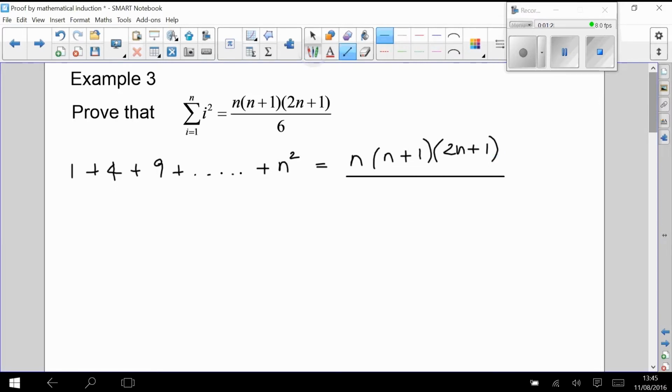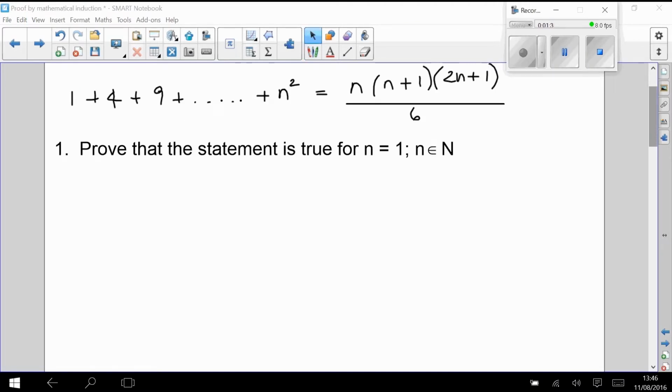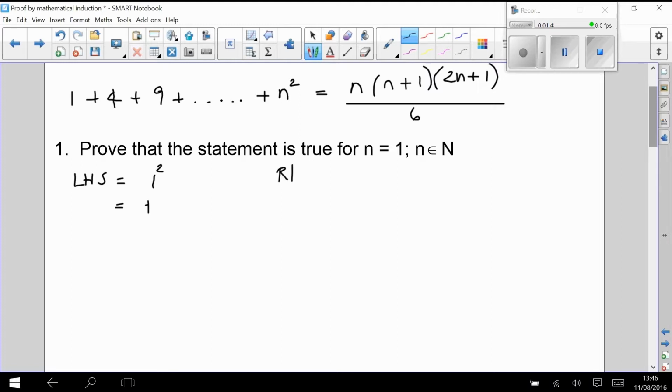We're going to start by testing it first of all for n is equal to 1. If I want to prove the statement true for n is equal to 1, I need to do it first on the left-hand side. On the left-hand side, I'm going to get 1 squared, and that answer is 1. On the right-hand side, if I replace every single n with a 1, I'm going to get 1, and then 1 plus 1, and then 2 times 1 plus 1, all divided by 6.